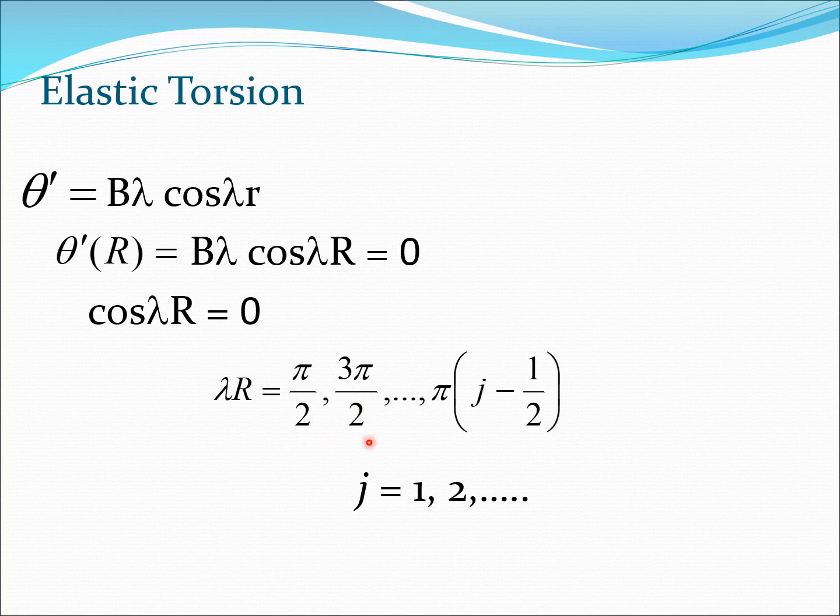It could also be 3 pi by 2, and in general it could be pi times (j minus half). So for example, if j would be 1, I get the first solution and so on. So these are essentially the solutions of this characteristic equation cos lambda R equal to 0, and they are going to give us the natural frequencies for this problem.